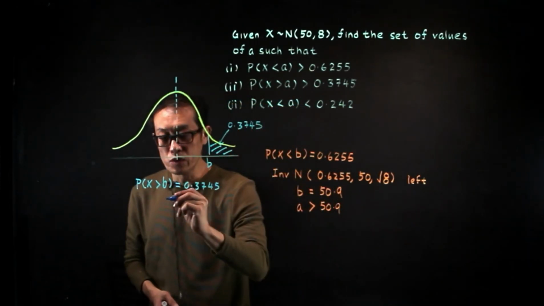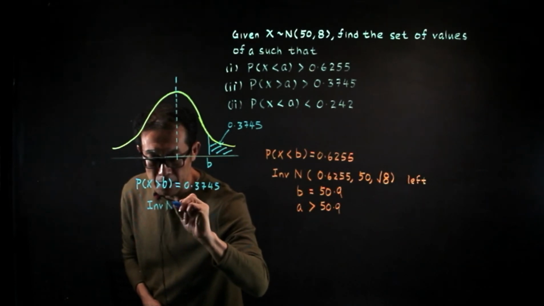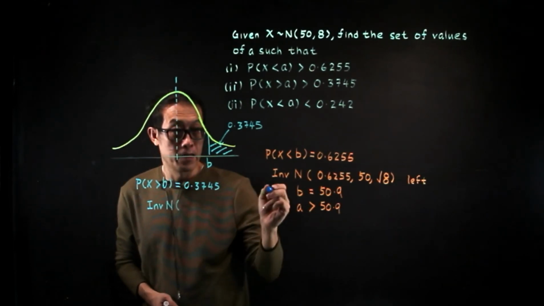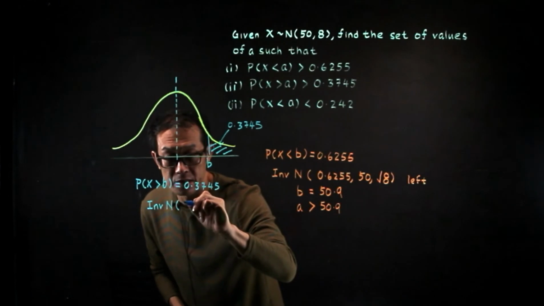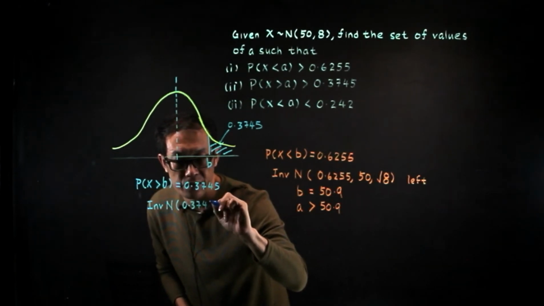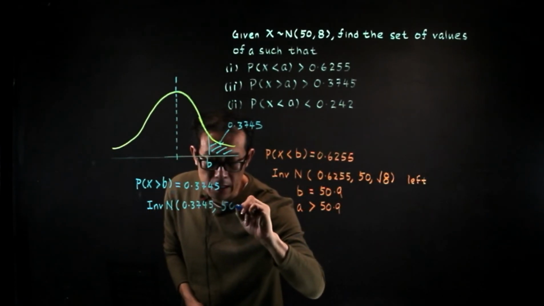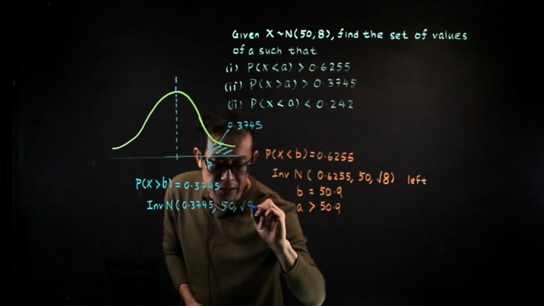Same thing, you do an inverse normal. So you put the area first, 0.3745, followed by its mean and standard deviation.